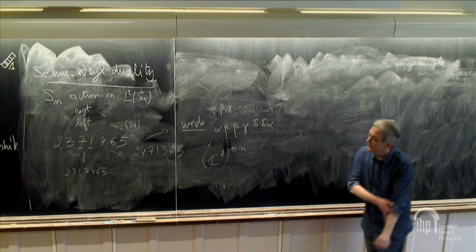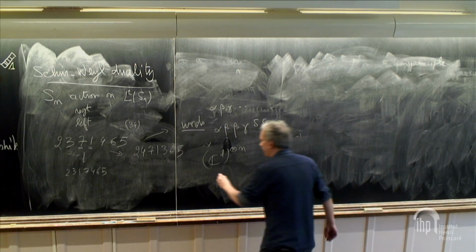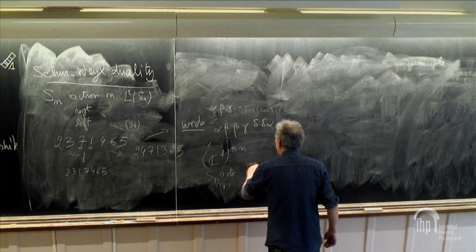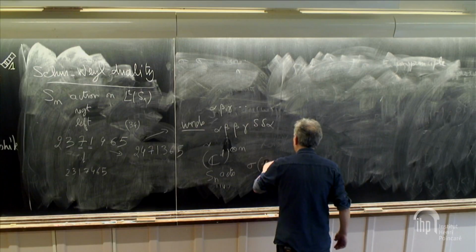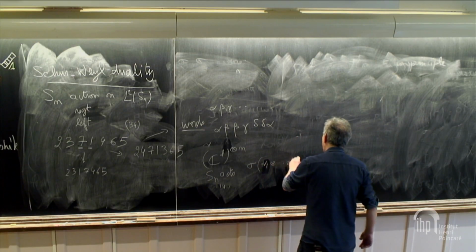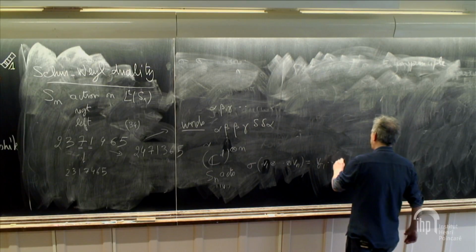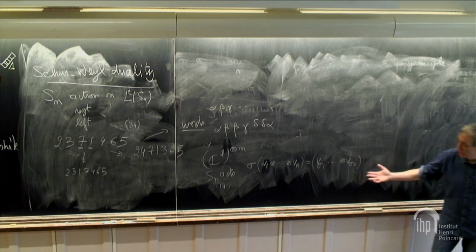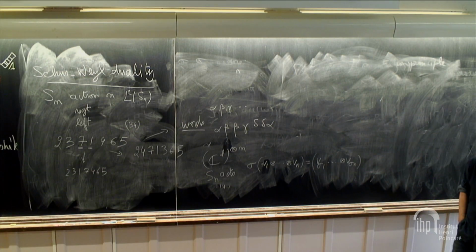On this space there is an action of the symmetric group Sn, just a permutation of the elements of the tensor product.